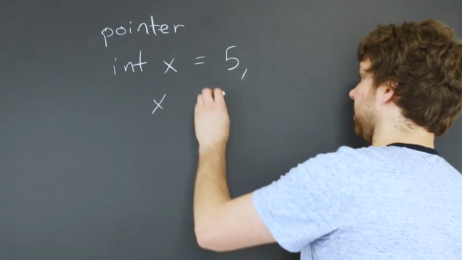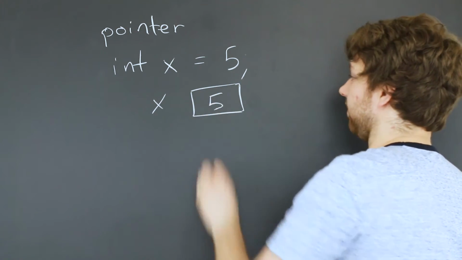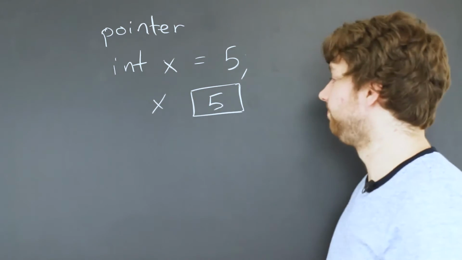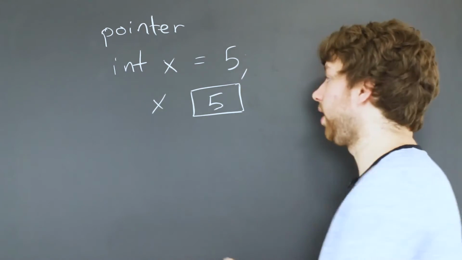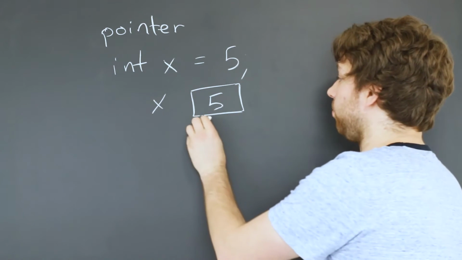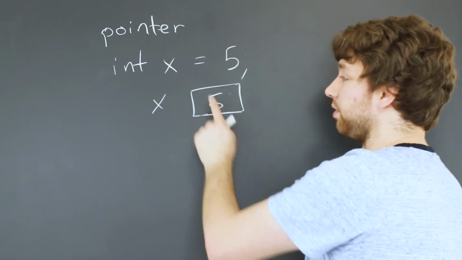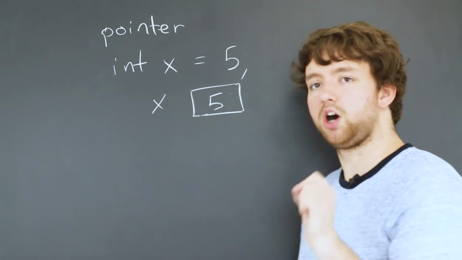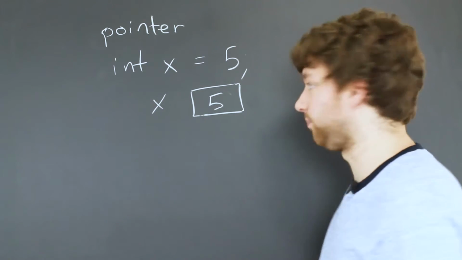So if you wanted to think about it that way, there's a cell in our memory with the value 5. Now, a pointer is a way to point to this location of memory. So we can actually change the value of this memory or reference it, but not using the variable x. We're referencing it indirectly through a pointer.